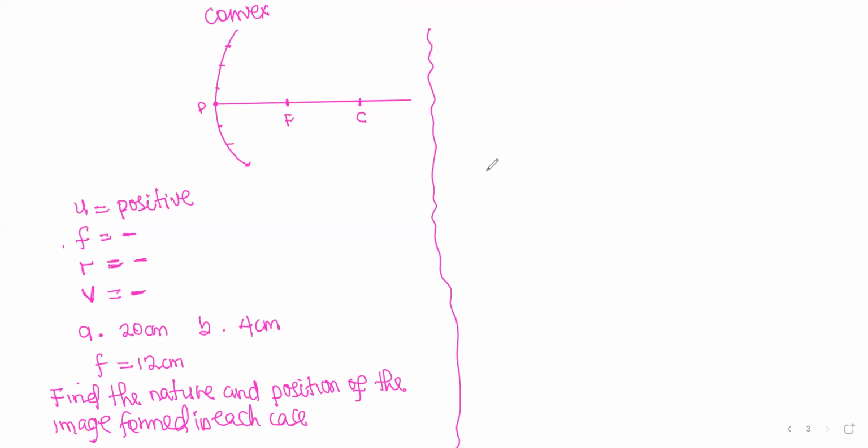First, quote the mirror formula. 1 over F, so 1 on F is equal to 1 on U plus 1 on V. Now the next thing you must understand is what is the type of mirror in question here.